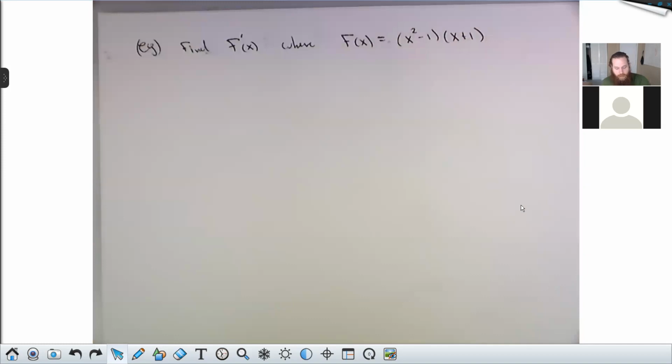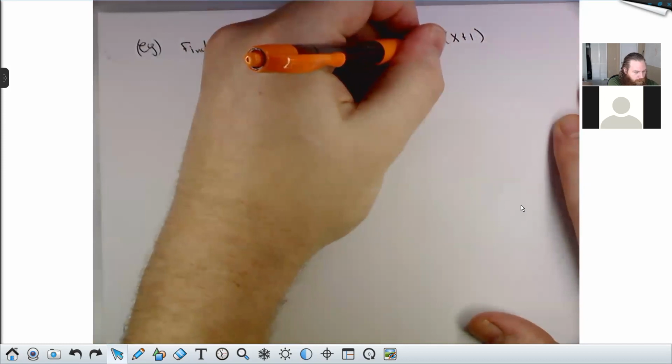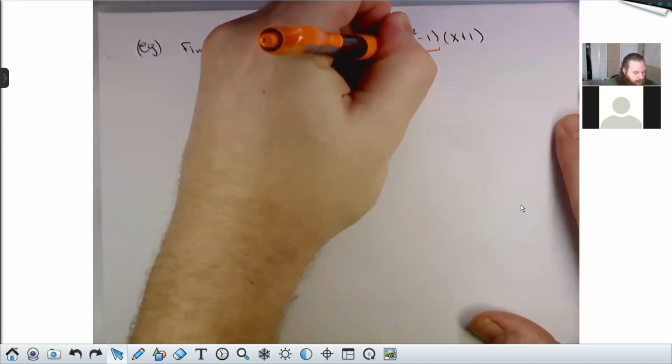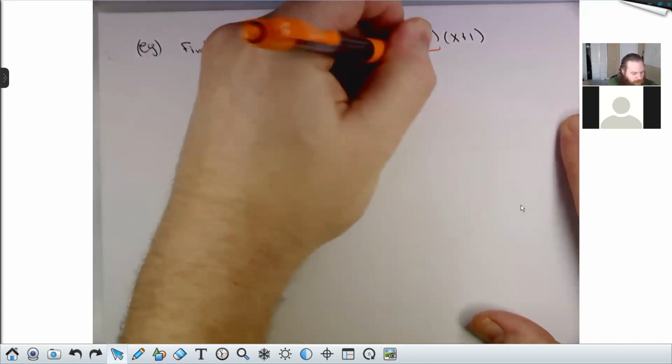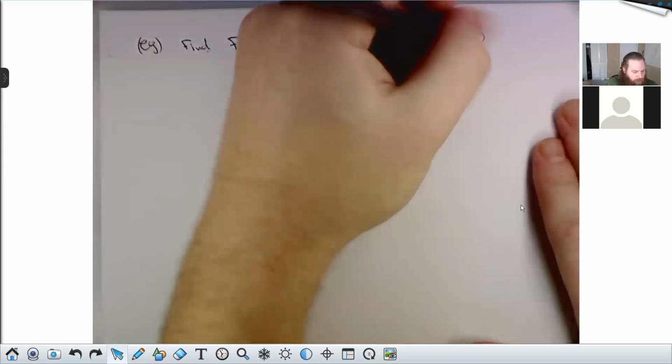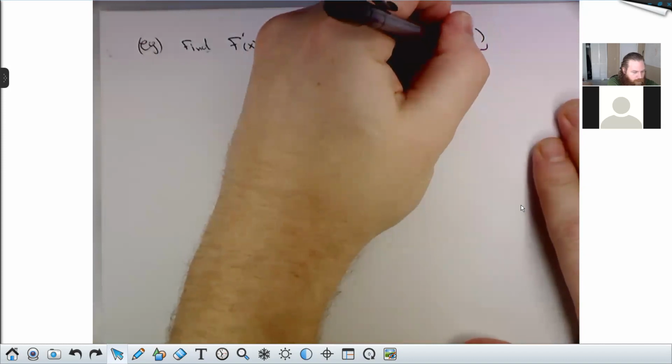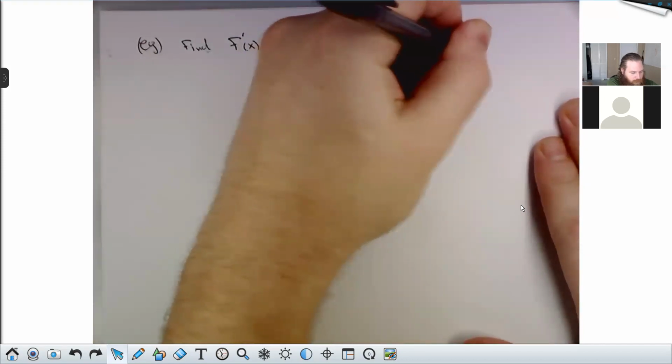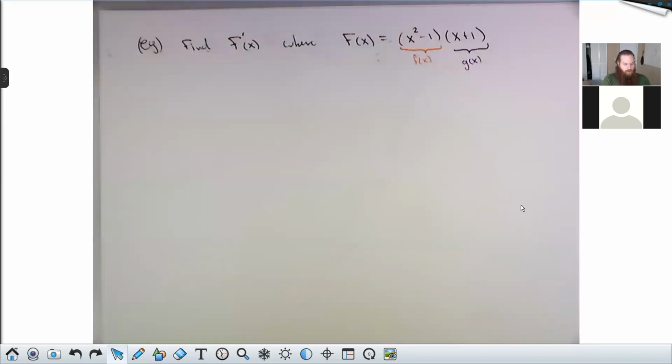This is another case where I can use the product rule if I want. I have here a product of two functions being multiplied. I can call this one little f, and this one little g. And then think about what my product rule says.